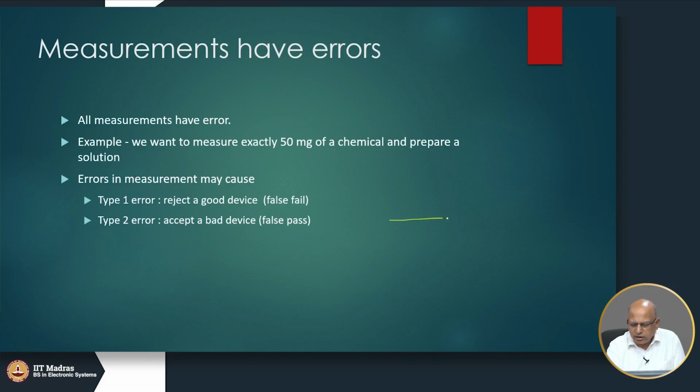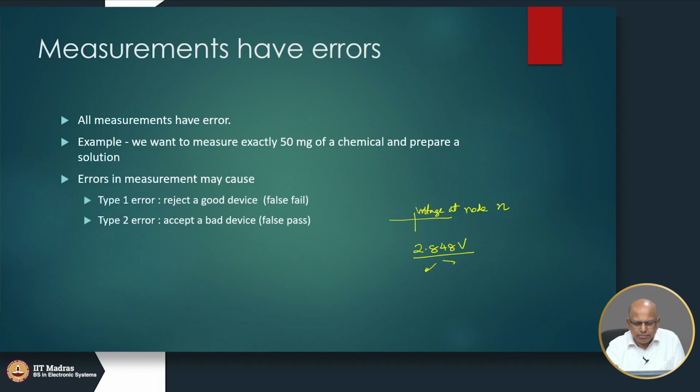When I measure some value, suppose I measure the voltage at some node, let us say n. Suppose I measure the voltage as 2.848 volts, okay. Whether it is really 2.848 volts, it may be slightly higher than this, slightly lower than this, right. So, there is some error always, okay.